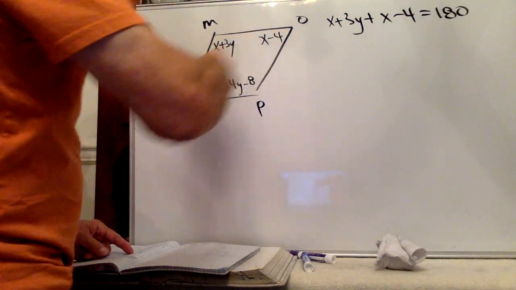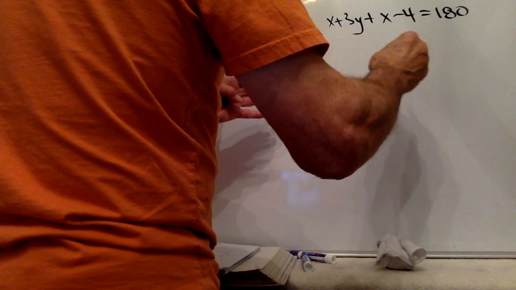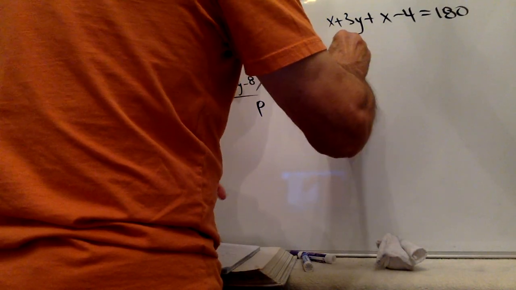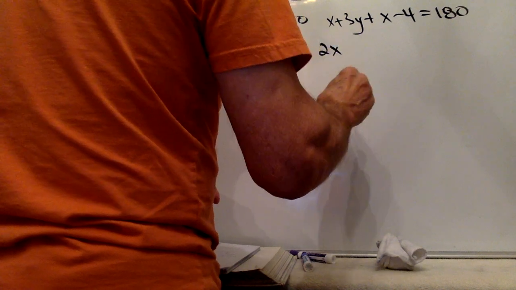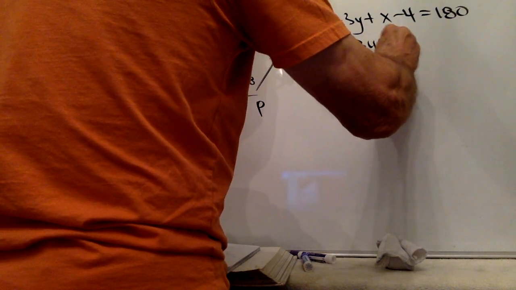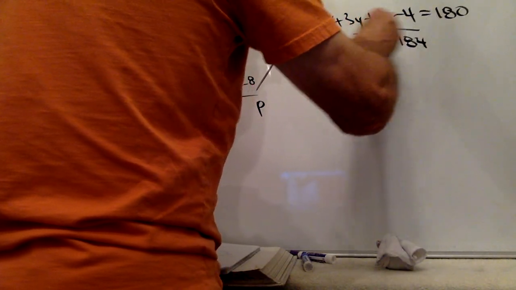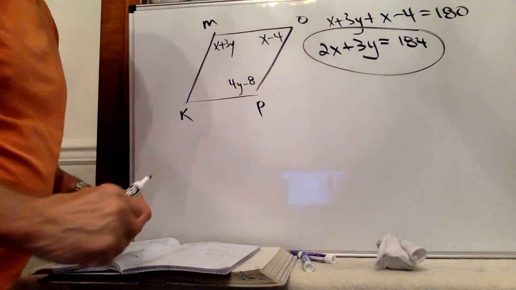Consecutive angles are supplements. And since I've got two variables, I'm going to simply leave the variables on one side for the time being. So this becomes 2x plus 3y is equal to, add 4, you get 184. So there's your first equation in two variables.